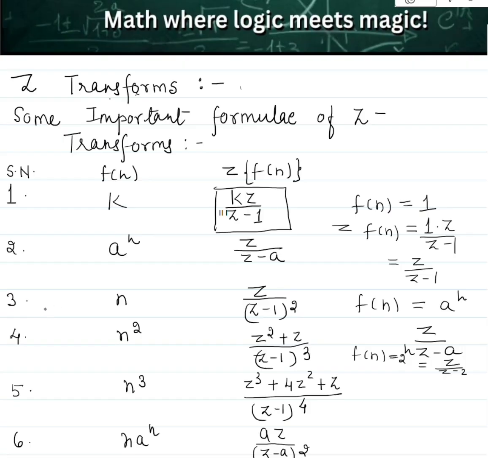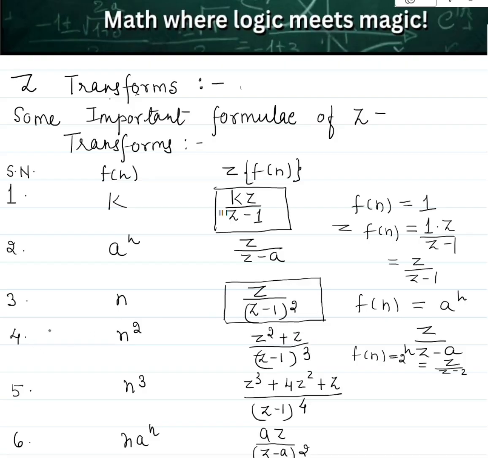Now the Z transform of the function n. If the function given is n, the Z transform of the function n is z upon z minus 1 the square.